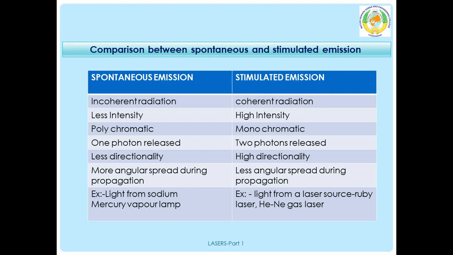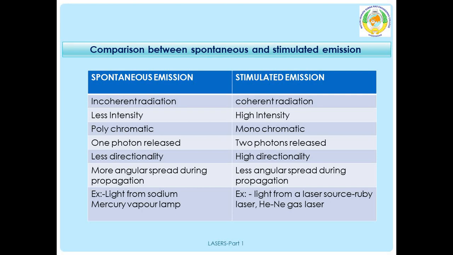And in spontaneous emission we see that only one photon is released, whereas in stimulated emission two photons are released. The light emitted from spontaneous emission has less directionality, whereas the stimulated light has high directionality. Also the angular spread during propagation of spontaneously emitted light is more, while the angular spread during propagation of stimulated emitted light is less.